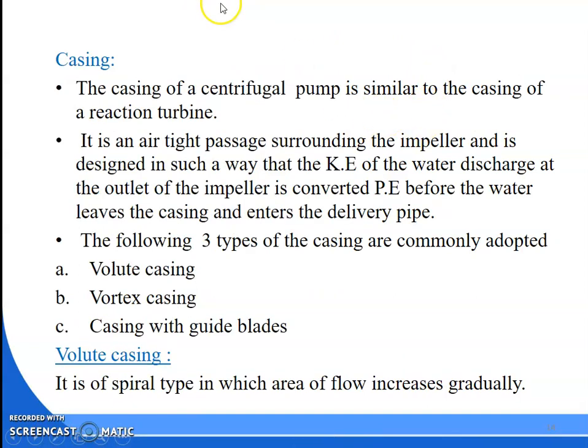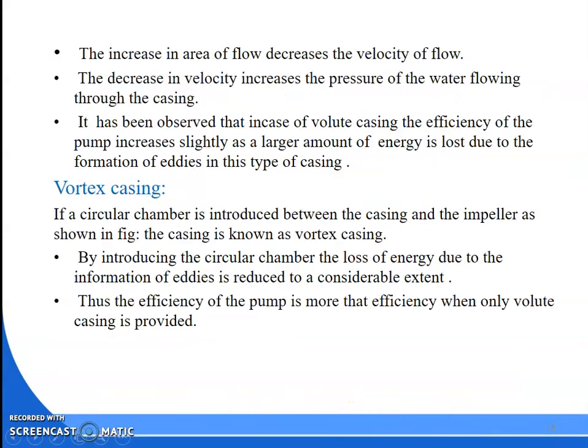But in case of a turbine, the area of the flow gradually decreases, because the inlet is different there. Here, in the spiral casing, it will be reversed, where the flow area increases gradually.